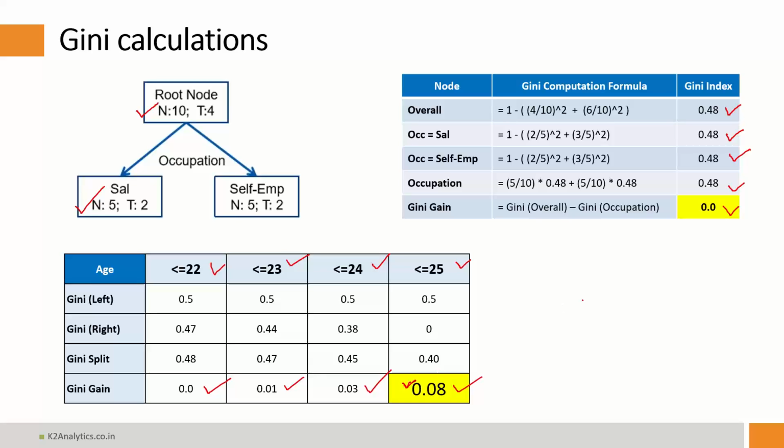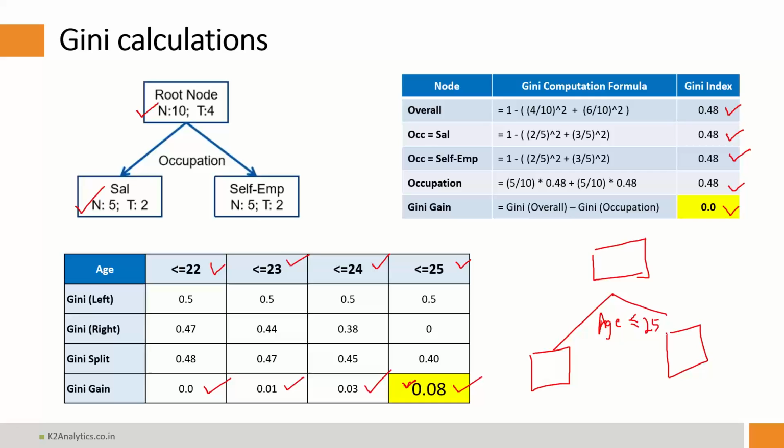So we will consider the age variable for splitting, and the way it will happen is the root node being split on age, less than equal to 25 and greater than 25. So here one side I have less than equal to 25, other side I have greater than 25, and that will be my first level split.